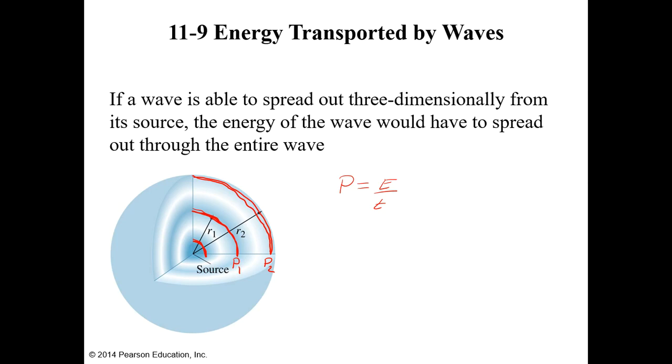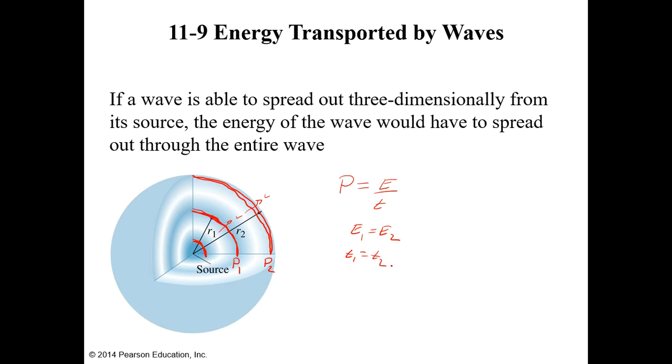well, the wave is moving at the same velocity. The velocity hasn't changed at all, and the amount of energy is the same for both points. It's just that the energy is more spread out at r2. So that means the amount of energy is the same at both points, and the speed at which it passes by is the same.